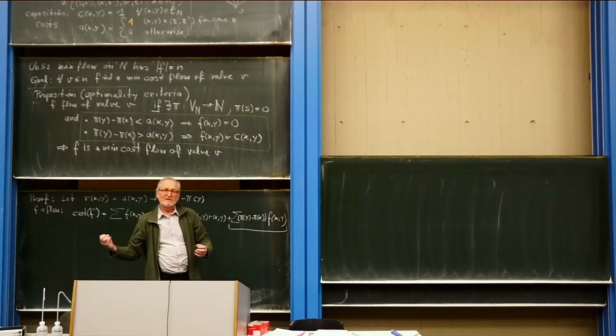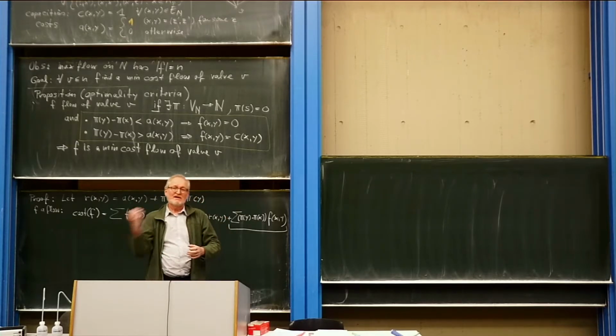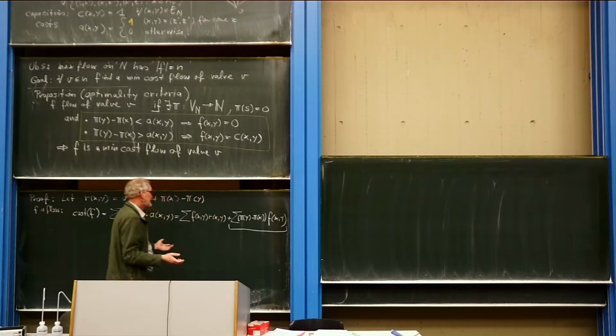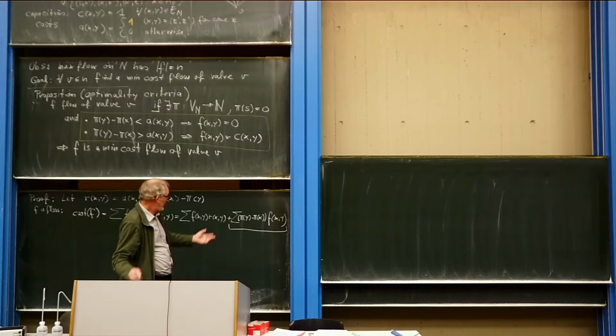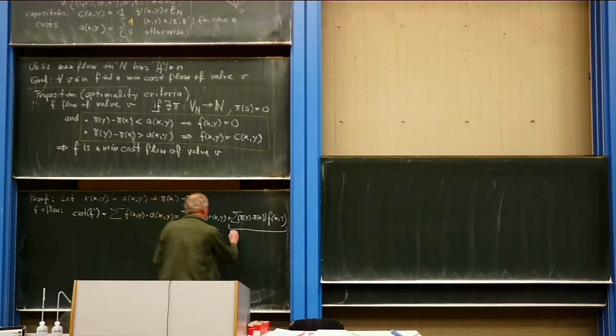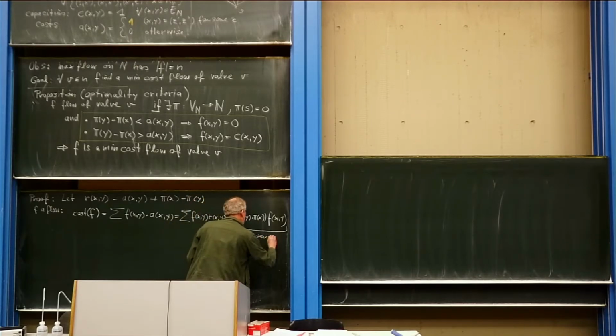So we get a pi weighted inflow minus pi weighted outflow. And by flow conservation, this is 0 for every vertex which is not S or T. So the flow conservation contribution of z not equal to S and T is 0.